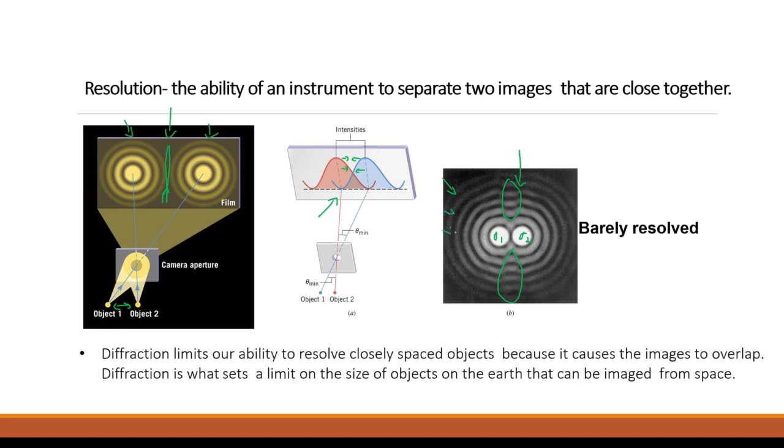You have object 1's pattern here not interfered with, but close here and here we get interference, and these aren't the original patterns being emitted by object 1 and object 2. You wouldn't have these original things. You have them now pushed together, and now you have barely resolved, and you'll barely be able to see the distinct objects' patterns. So diffraction limits our ability to resolve closely spaced objects because it causes the images to overlap.